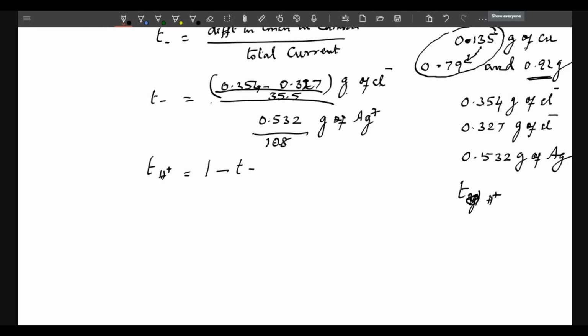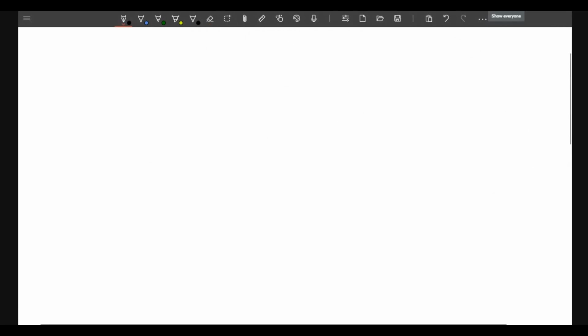Okay. With this type of problem, I wind up this set of numbers. There is also another moving boundary method. I find no time to complete that moving boundary method, and also that limiting law, Debye-Huckel limiting law, that is log of activity coefficient is equal to minus 0.51 into Z plus Z minus into root of I, the ionic strength.